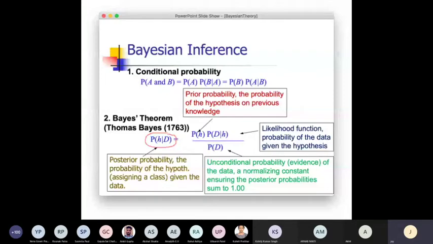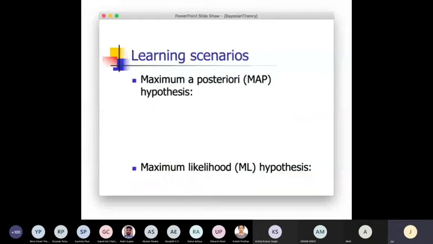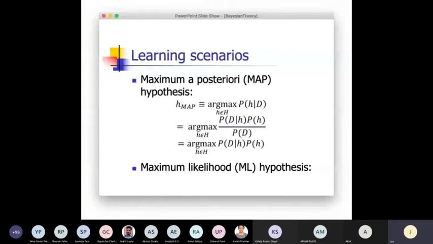So when we say maximum a posteriori hypothesis, we would like to maximize the posterior probability of the hypothesis. Given a set of hypotheses, we would choose the hypothesis whose posterior probability is the highest. That is the scenario for maximum a posteriori hypothesis. And of course, the second scenario is the maximum likelihood hypothesis, we will come to that.